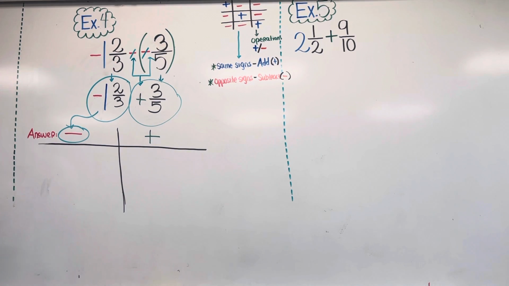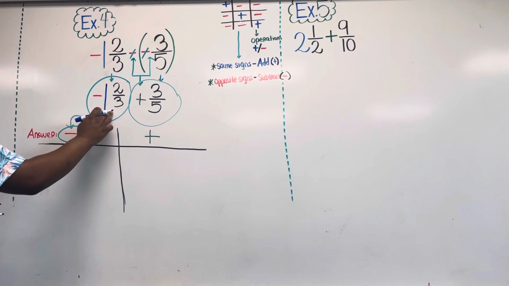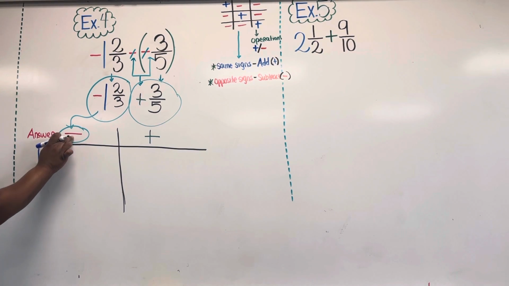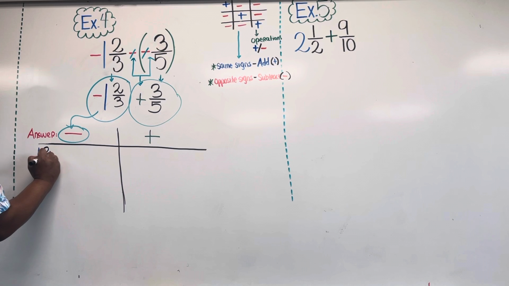So remember, guys, we're going to have to associate a negative sign with our answer. So now all we're going to do is bring 1 2/3 on this side because that's what brought us over here. And I don't need a sign anymore because I'm on the side of the chart that represents that sign. So I have 1 2/3.